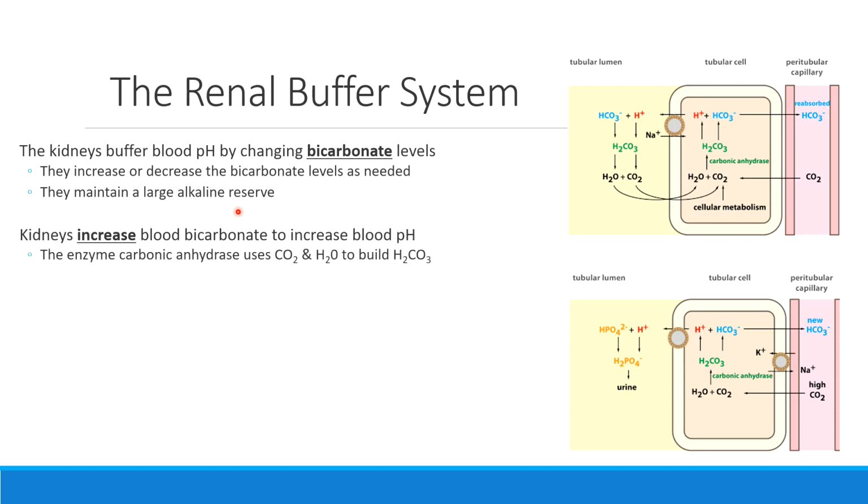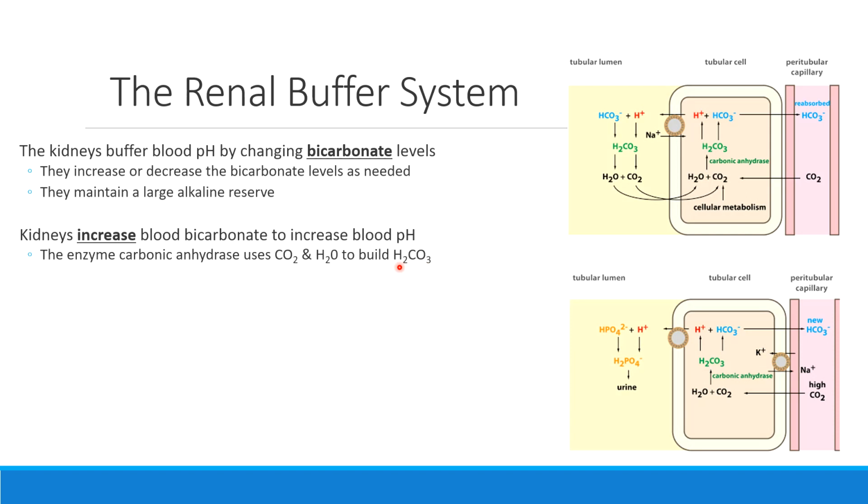The way that we increase blood bicarbonate is using an enzyme called carbonic anhydrase. Carbonic anhydrase is an enzyme that's able to take carbon dioxide and water and squeeze them together to make the molecule carbonic acid.